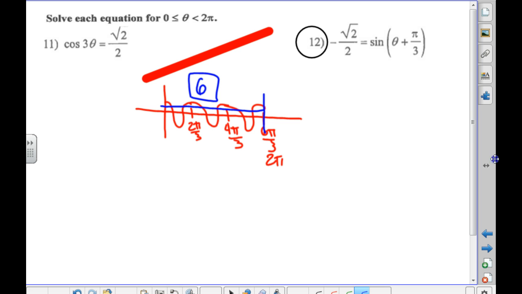All right, I'm going to do the u substitution. I just need you to tell me where the cosine is square root of 2 over 2. Isn't it negative square root of 2? I'm on 11. Is it positive? Okay, 3 theta is going to equal what? Pi over 4 or 7 pi over 4.